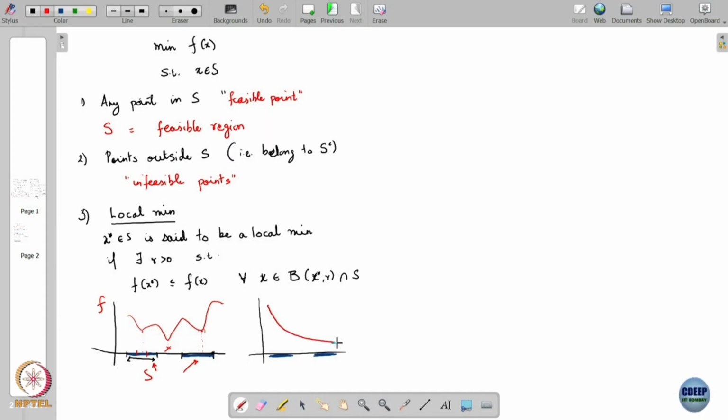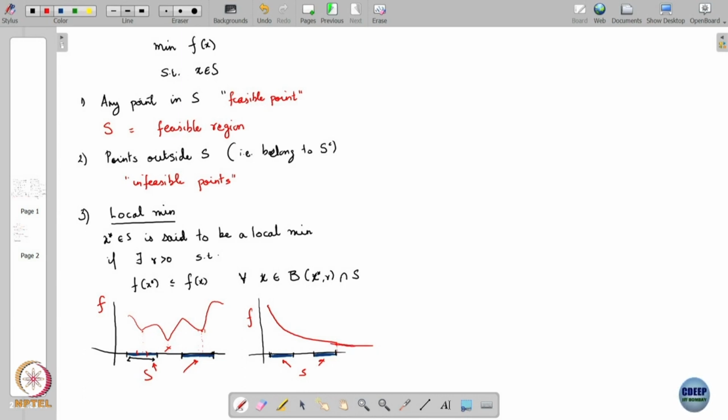Now, this is my function, this is my set S. So, can someone tell me what is my local minimum? This rightmost point that you have is the local minimum. Let me actually draw the function more completely. The function keeps decreasing further. So, why is this rightmost point a local minimum?